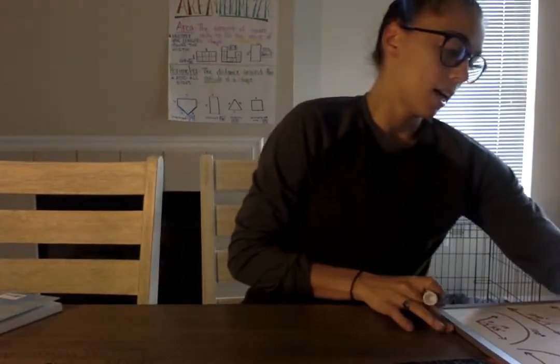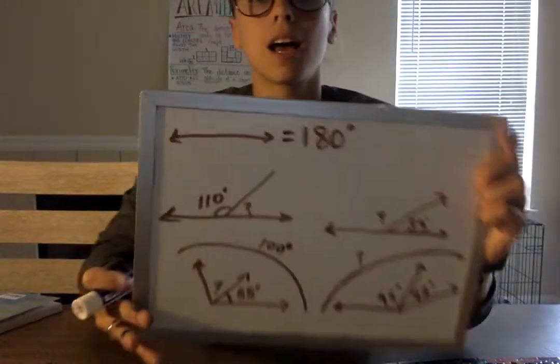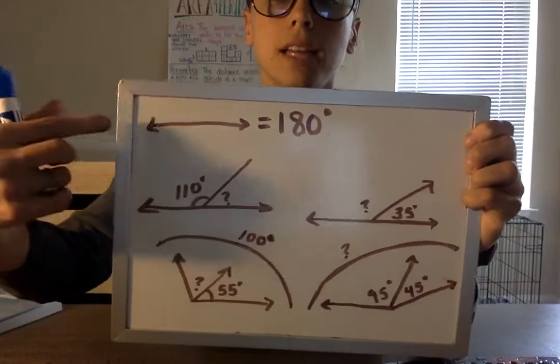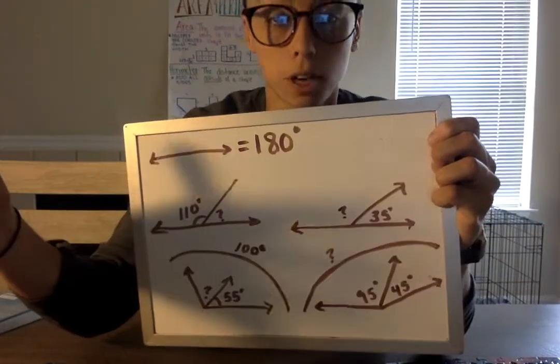So the first most important thing that we need to learn from this is that a straight line is equal to 180 degrees. So any straight line you see is always going to be 180. If you take a look at the protractors that you've been using on your independent work, you'll notice that it's only a half circle, okay?